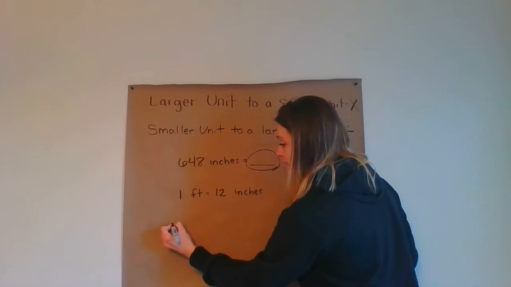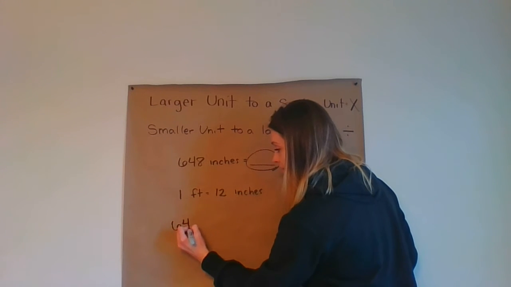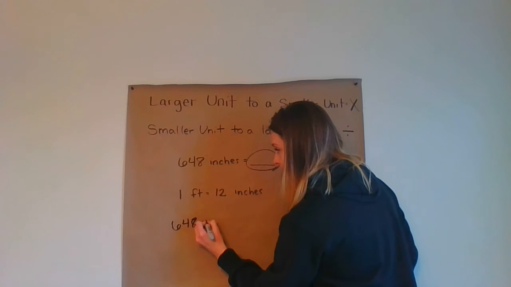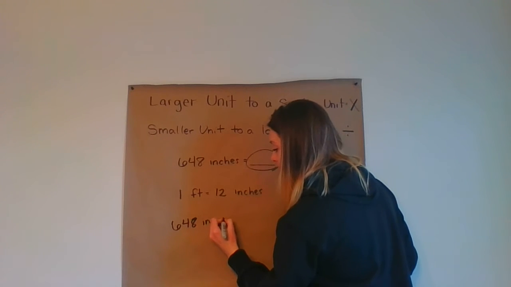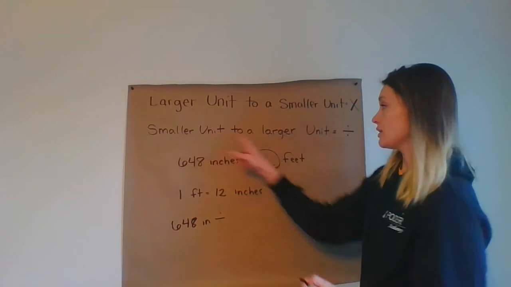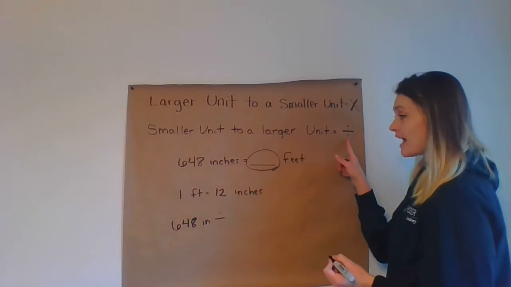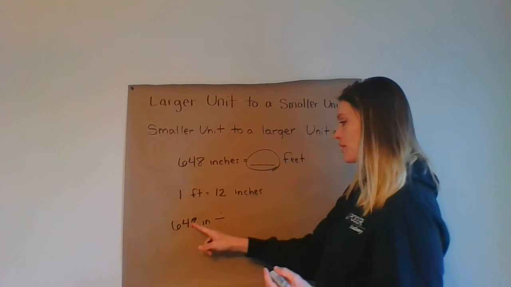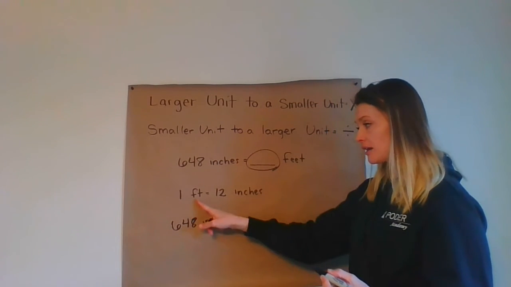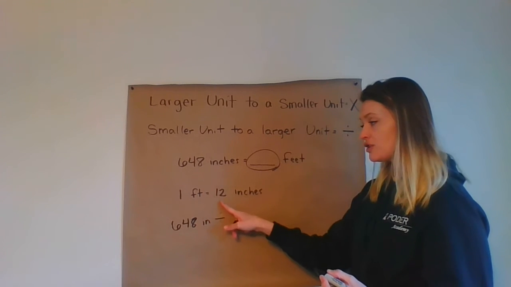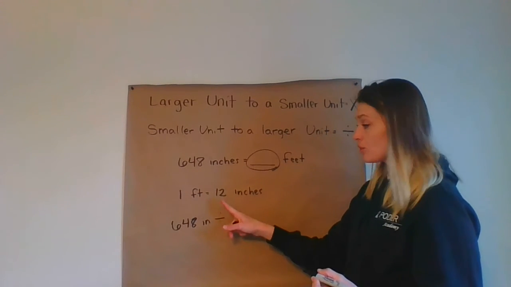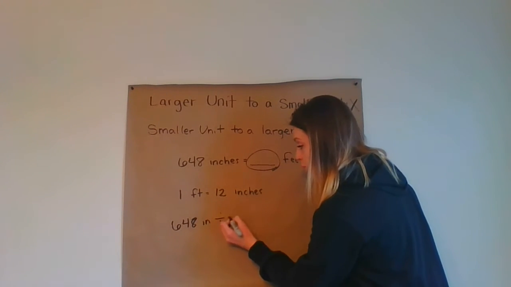I have 648 inches, and I'm going from smaller to larger, so I have to divide. I'm dividing by the number of inches in 1 foot, so I have to divide by 12.